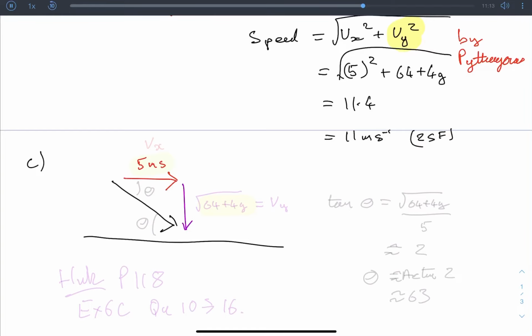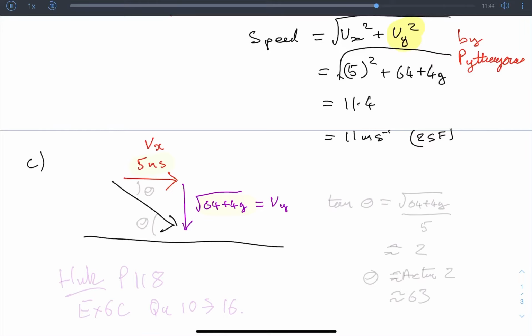So, here we go. Our vertical speed when we hit the ground was Vy, which was the square root of 64 plus 4g, coming from above. Vx has remained the same throughout because there's no acceleration in that direction. So, what else have we got here?